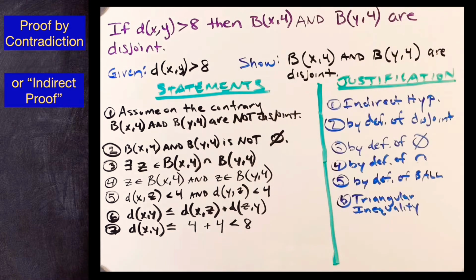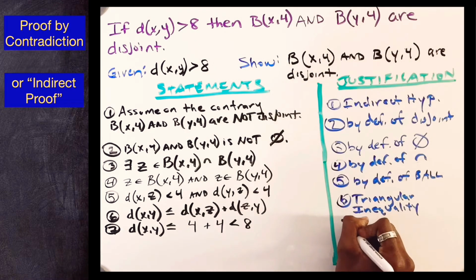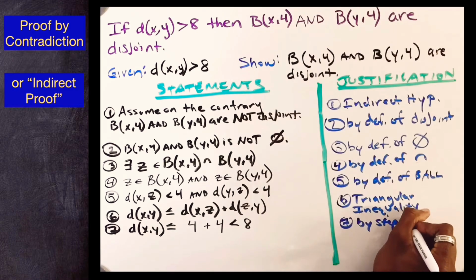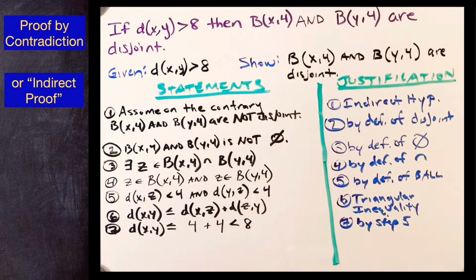And we receive this information by substituting what we have in step 5. Okay, so now we see that our distance from points X to Y is less than 8. But hold on a second. Our given talks about the distance from X to Y also. Let's quickly write that given statement at line 8.